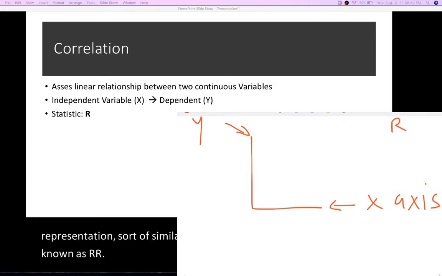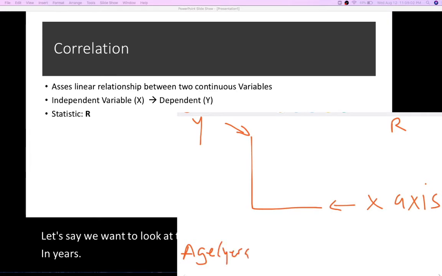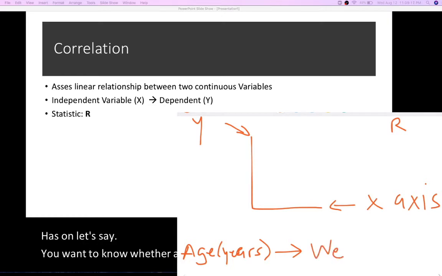Okay, so let's say we want to look at the relationship that your age in years has on, let's say we want to know whether age has an effect on your weight.